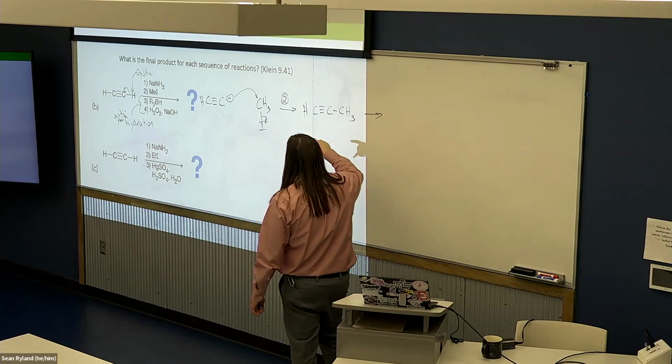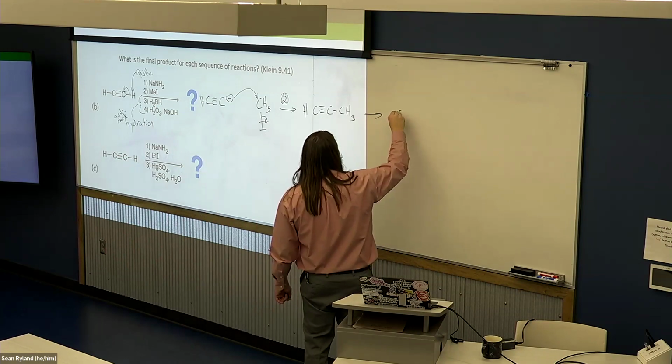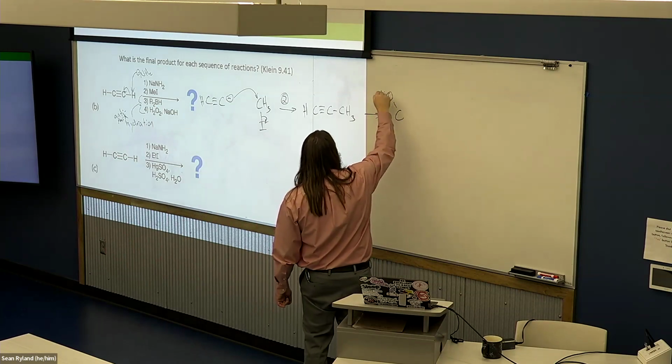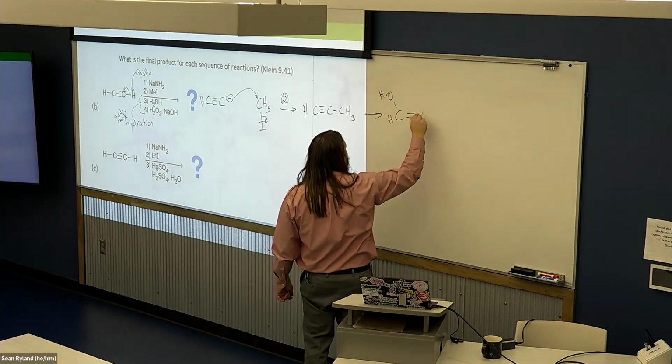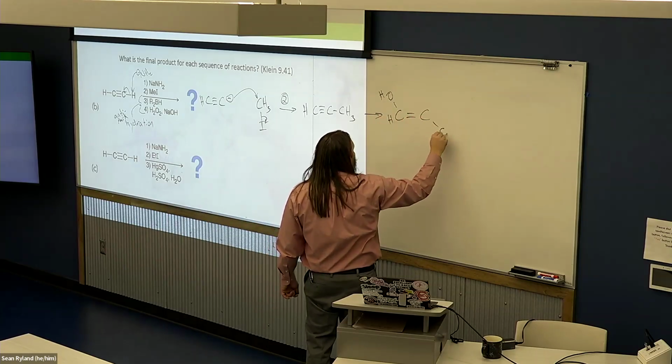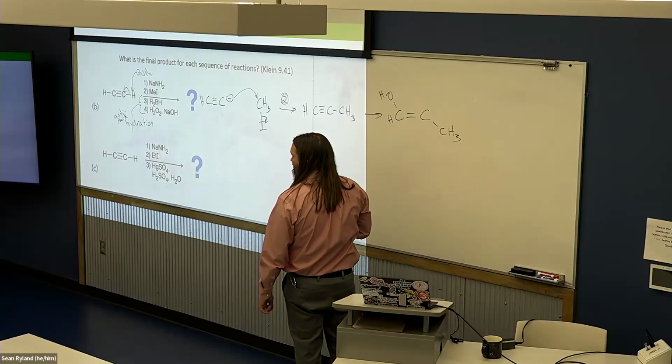So anti-Markovnikov means we're putting the oxygen on the end. We're going to get an enol that looks like this.